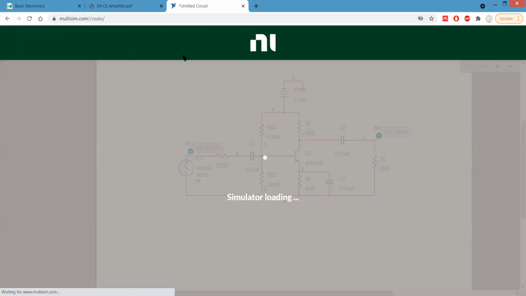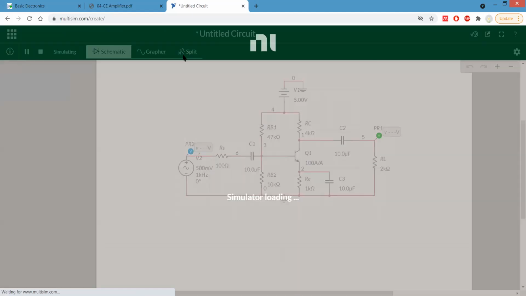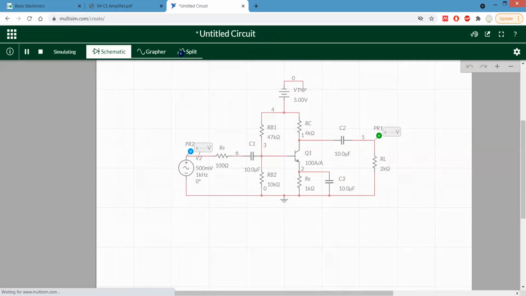So if we can change the value directly, then let me check whether it is working or not.